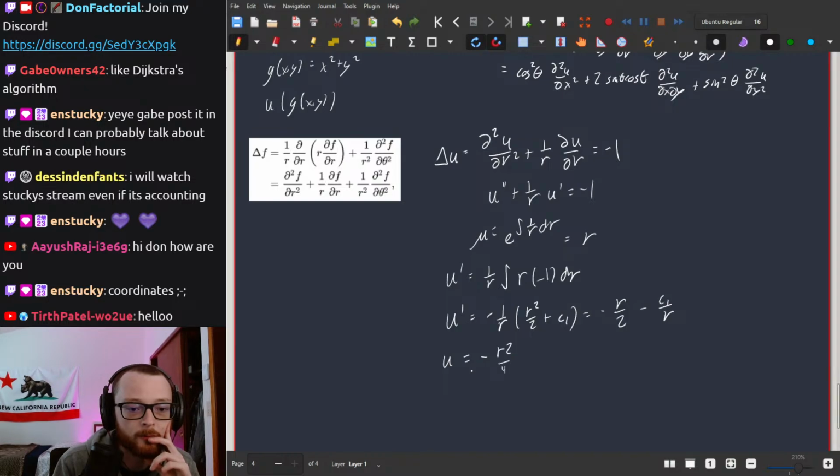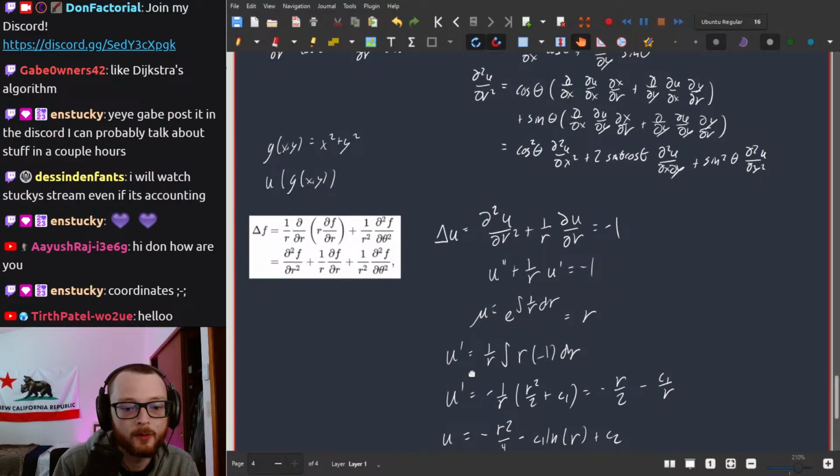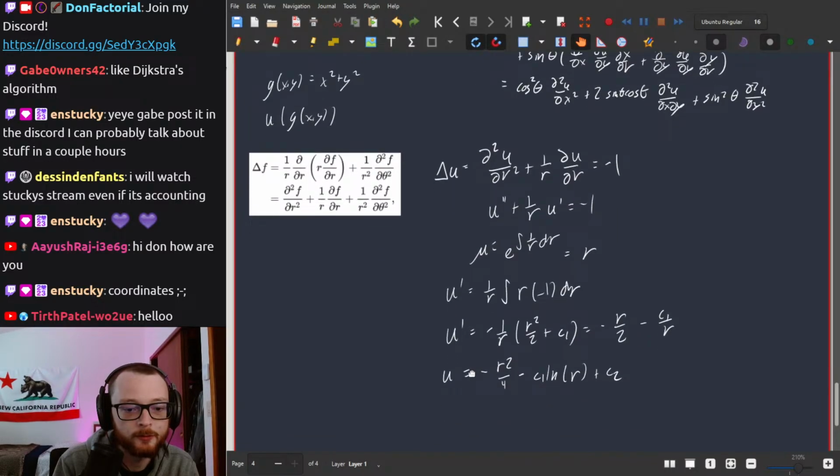R squared over 4 minus c1 ln r. Absolute value not necessary. R is positive. Plus some other constant. What a stupid looking function.